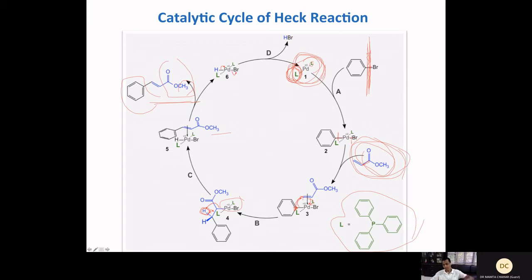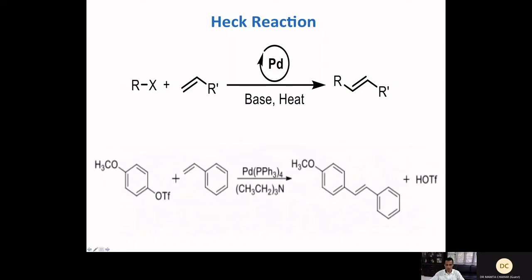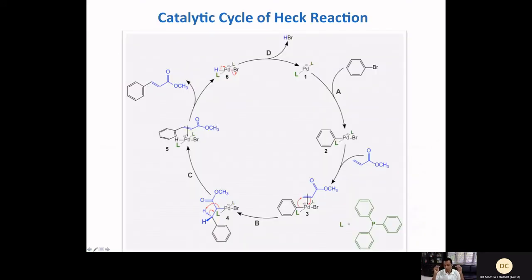The idea of these reactions, or the major objective for these reactions, simply is how to reduce the loading. The major idea is not to do the reaction anyhow. This reaction will happen. These are excellent reactions, they will definitely happen. But for all these palladium carbon-nitrogen bond formation and palladium carbon-carbon bond formation, in particular the Heck reaction over here, it's not a matter of making the reaction happen.